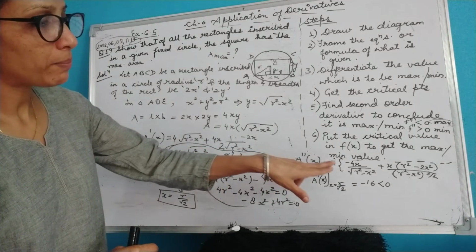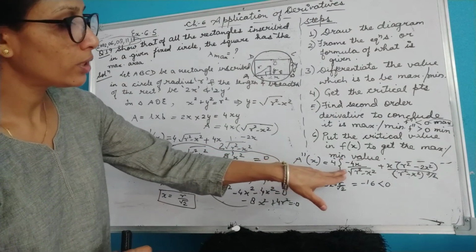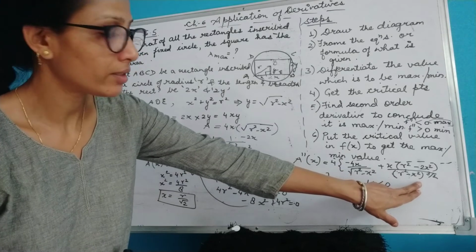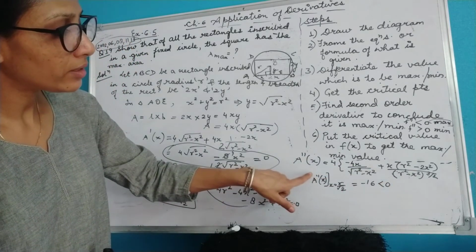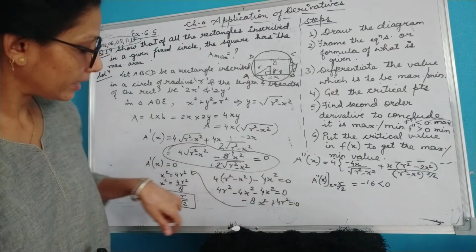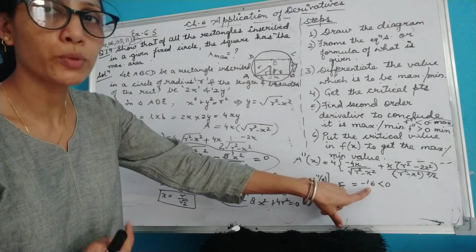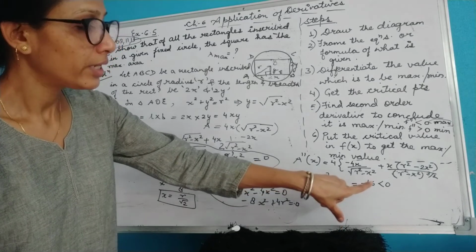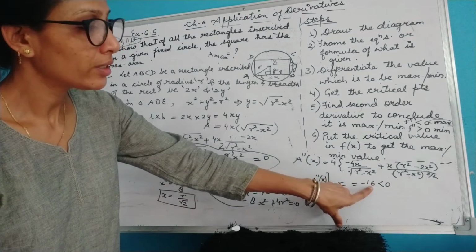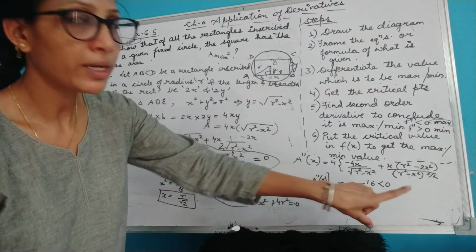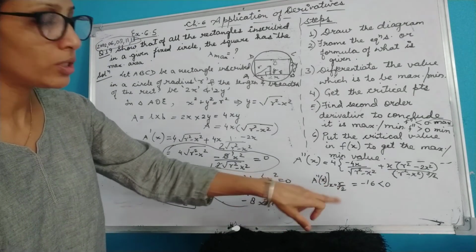Then after application of the quotient rule, I will get this. Now you check whether this second order derivative at x equal to r by root 2 is giving me a positive value or a negative value. It is giving a negative value over here. That means I will be getting my maximum value at x equal to r by root 2.